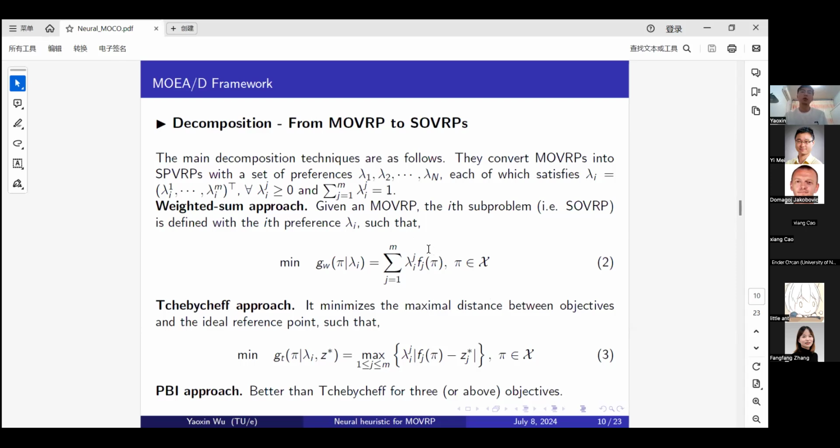In other words, we can just solve a group of single objective vehicle routing problems, and the optimal solutions of these single objective problems are the Pareto solutions to the multi-objective vehicle routing problem.